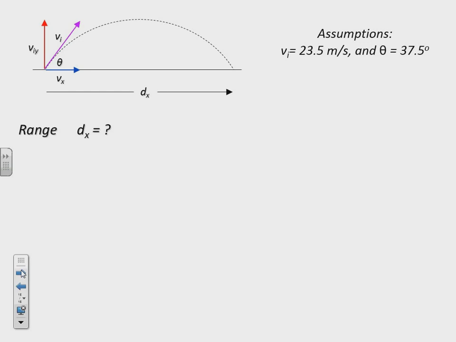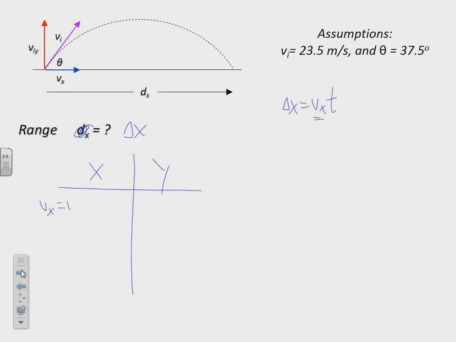Now, delta x. This is the hard one, but luckily we've done most of the legwork already, right? Remembering that we're going to have to use that to find delta x. This says we do need x stuff. Vx is v naught cosine theta. All right, t, remember, that depends on y stuff.